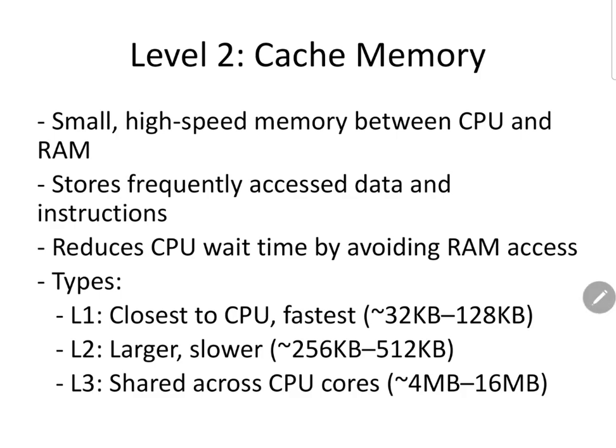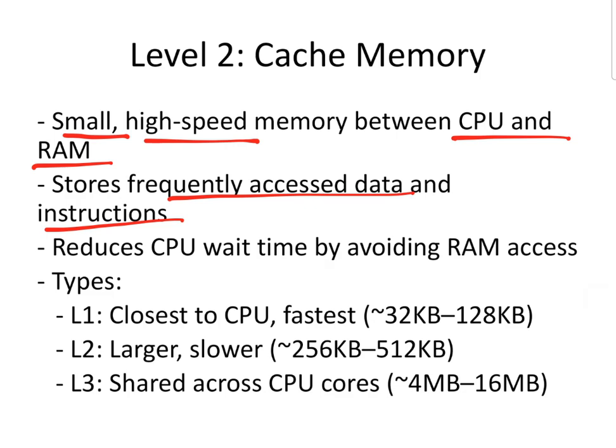You might be aware of the cache memory. It is the smallest and high speed memory between the CPU and RAM. It stores frequently accessed data and instructions. It takes from the CPU and to access the memory.